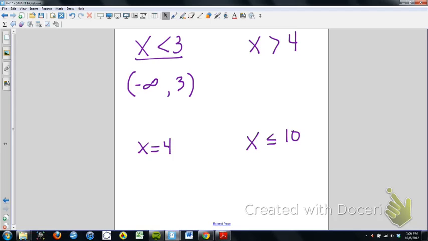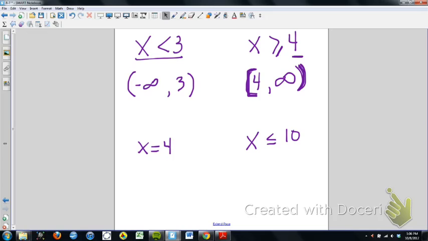So the next one, x is greater than 4. Again, you have a lower bound, but you don't have an upper bound. So you want to put a rounded bracket for 4. Okay, actually, let's make this a little bit more interesting and put it greater than or equal to. So then I would use a square bracket, 4, comma, and then the upper bound is just infinity, and you use a rounded bracket there because you never include infinity.